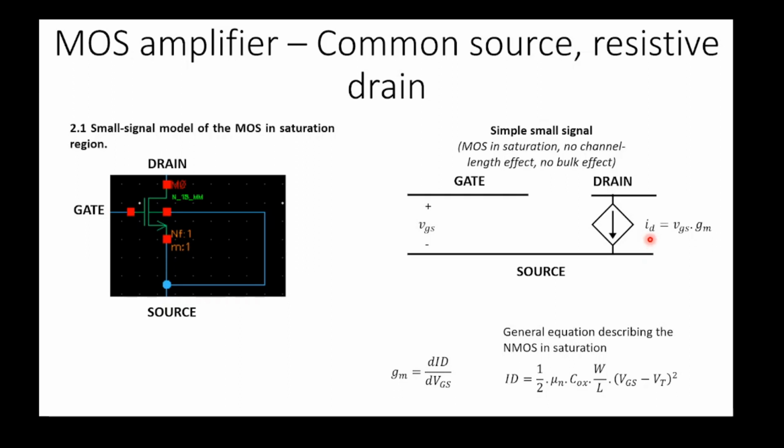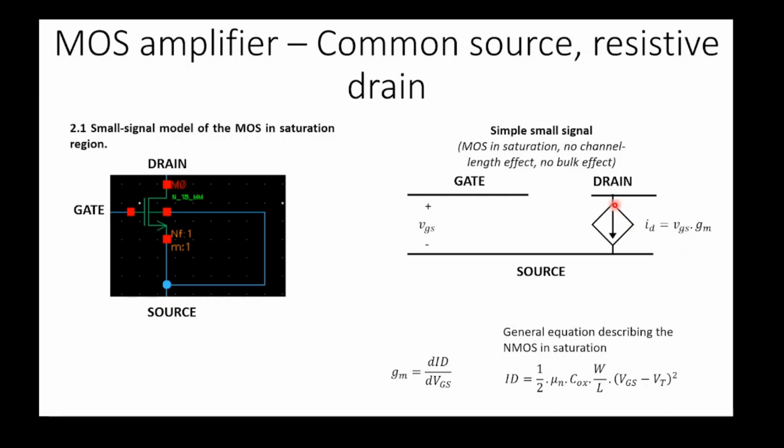According to our model, the amplitude of the current is controlled by the difference between the gate and the source, or the gate source voltage in short. The formula here shows that this current ID, or the drain current, depends on the voltage difference between the gate and the source, in other words, the gate source voltage.